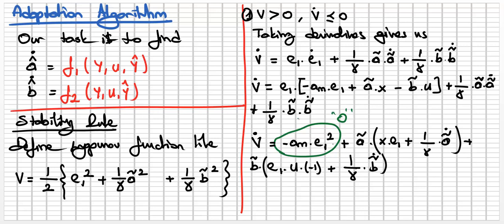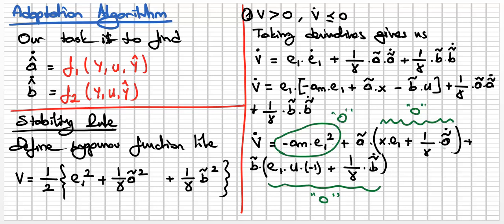And so in order to minimize the V dot equation, these terms should be equal to 0, okay? Because if these two things are 0, this system is always stable.